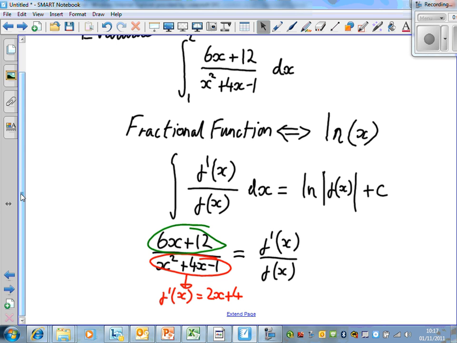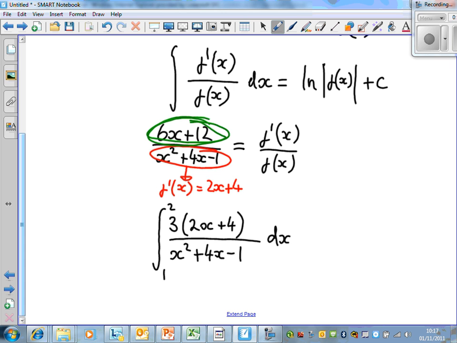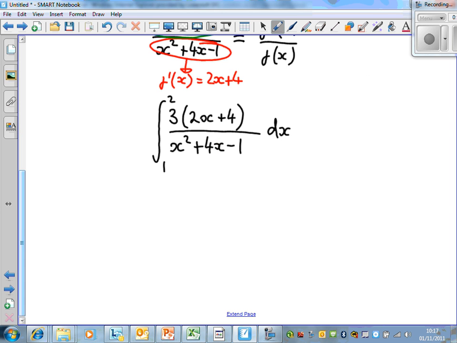Now, we want 2x plus 4. I can see here, if we take a common factor of 3 out of 6x plus 12, we'll get 2x plus 4. Okay, so the integral becomes 3 lots of 2x plus 4 all over x squared plus 4x minus 1 between 1 and 2 dx. Okay.